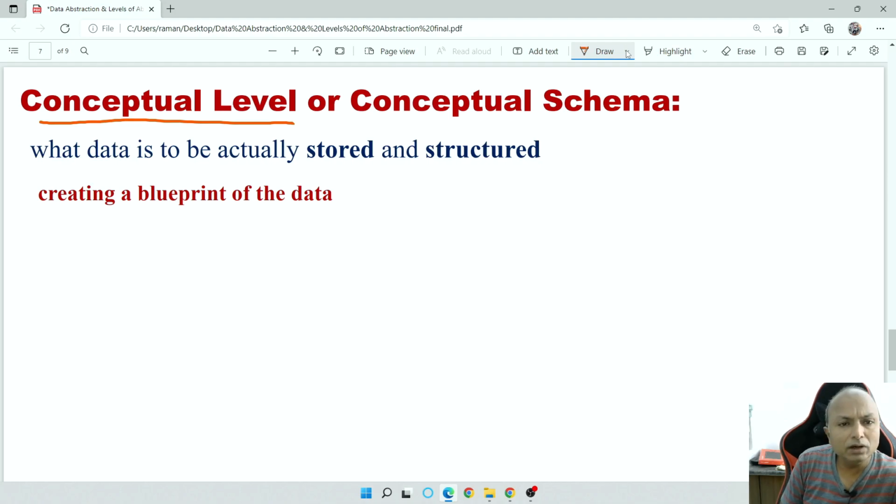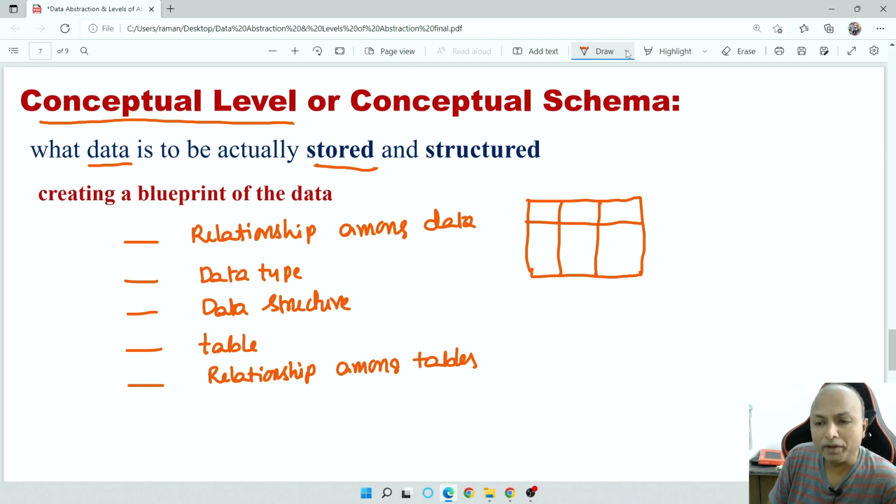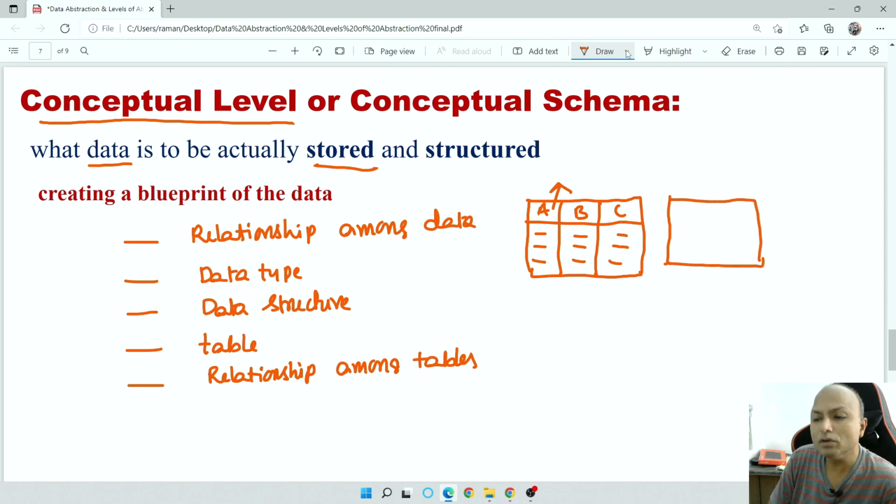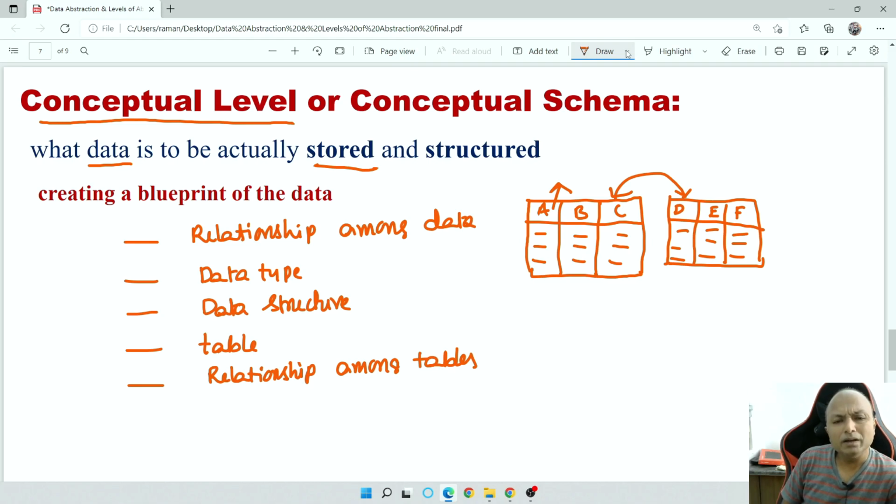It will tell us what data is actually stored, what the data and the relationships among data are, what data types we are using, what data structures we are using, what tables exist, and how the relationships between different tables work. So it is nothing but a blueprint of the data. It will give the total scenario about the data.